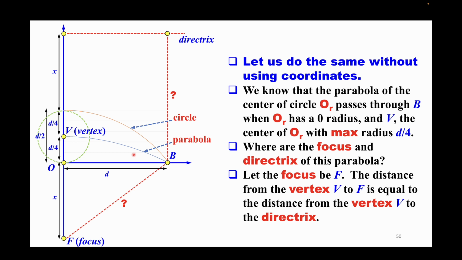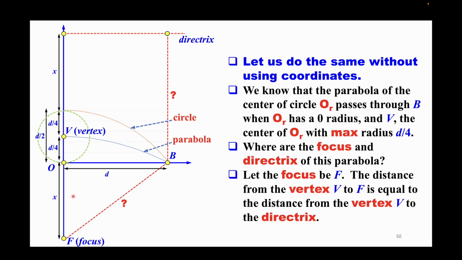Now, we discuss the parabola based on analytic geometry. Can we do it without coordinates? Of course we can. So we know the parabola of the center of the circle OR passes through B when the radius is 0. And it also passes through the vertex of the parabola V when OR has its maximum radius, which is D/4.